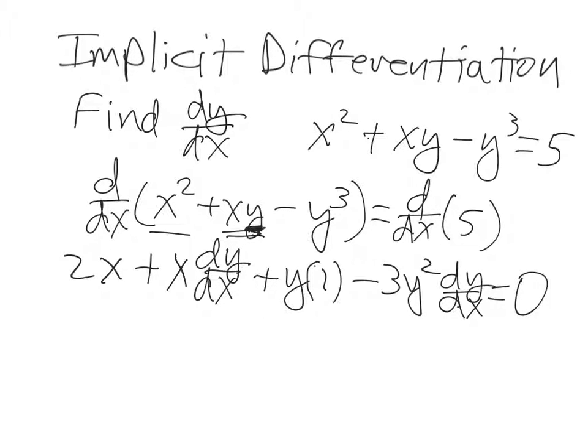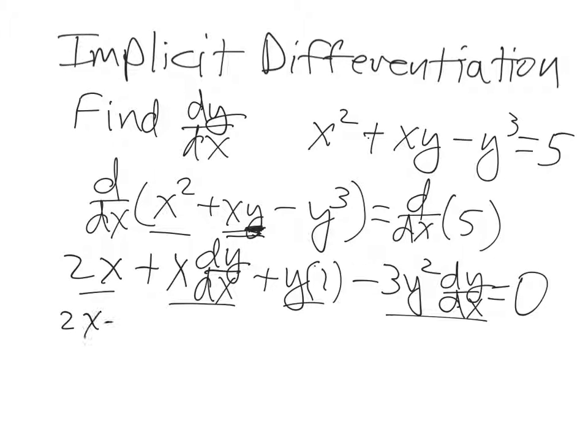So the next part really would be solve for dy by dx. Here, I will require you to go through the algebra, solving for dy by dx. We've got 2x and the y on the left side. We might as well leave those alone and move the dy by dx terms to the other side.